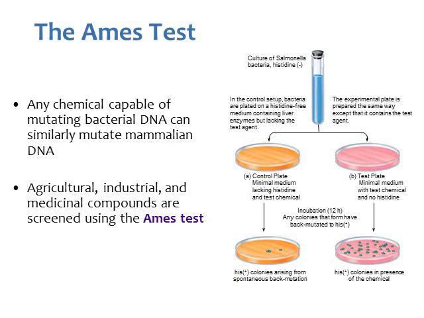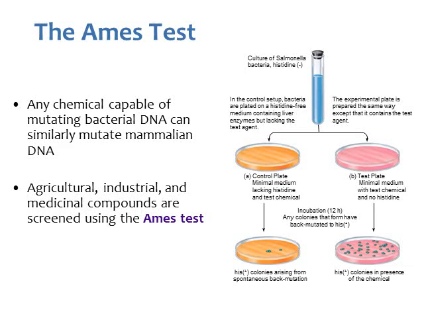In order to identify different mutagens, scientists can do something called the Ames test. The Ames test can test any chemical. Any chemical capable of mutating bacteria DNA, they automatically assume that it's capable of mutating mammalian DNA or human DNA.